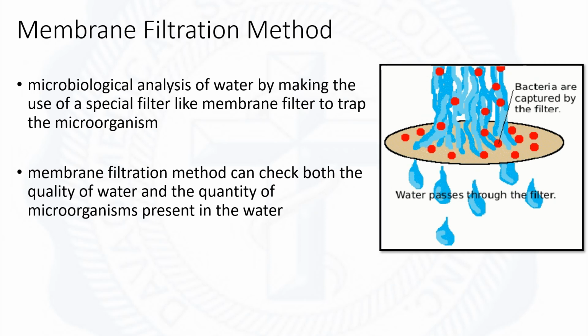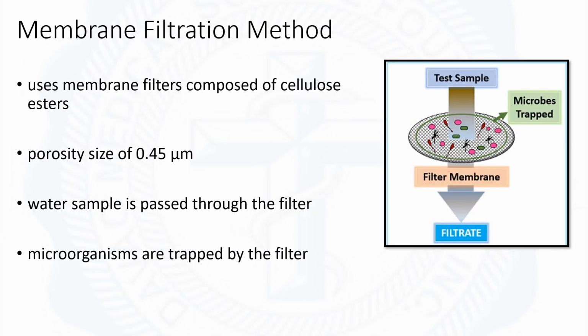The water quality is then analyzed by directly counting the number of colonies through a colony counter. In this technique, we have the millipore filter, which possesses a uniform porosity of a predetermined pore size of 0.45 micrometers. The pores in the membrane filter are small enough to trap the different types of microorganisms.